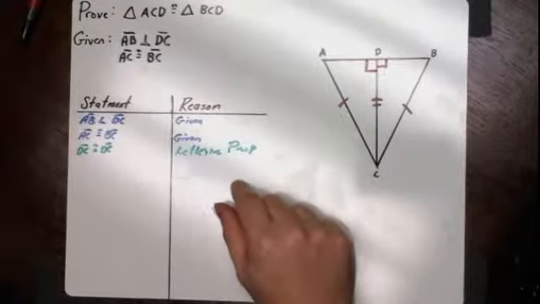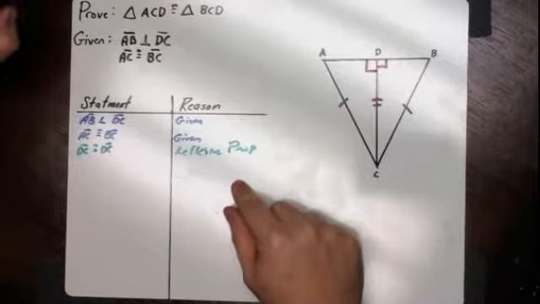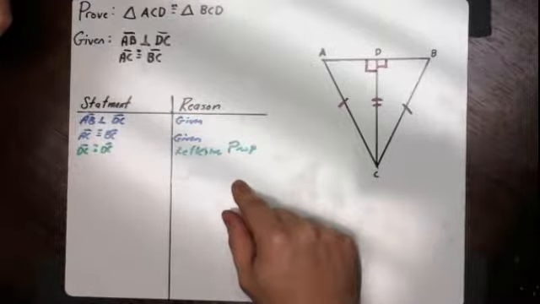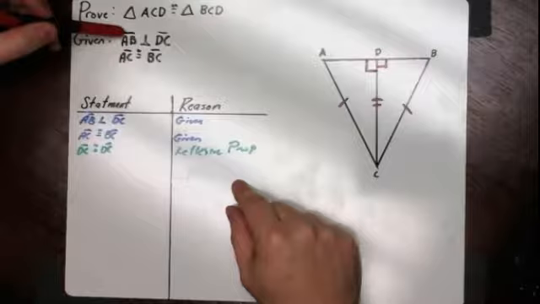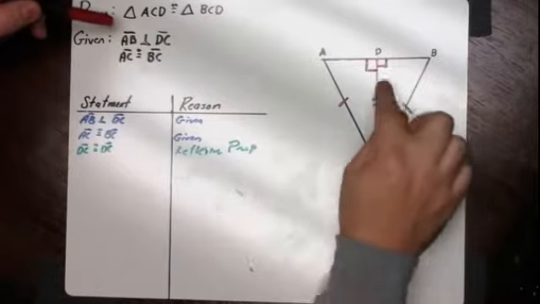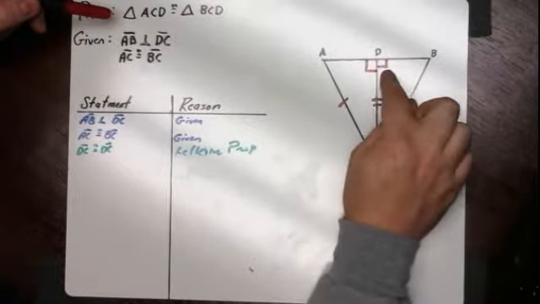Okay, now let's handle these perpendicular lines. As a result of this, I know that these are right angles.